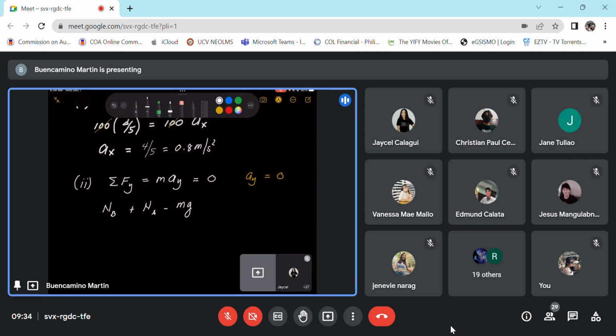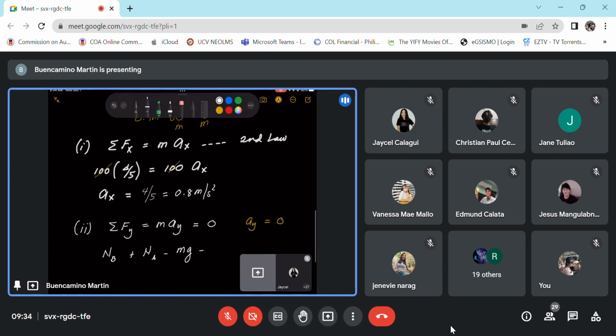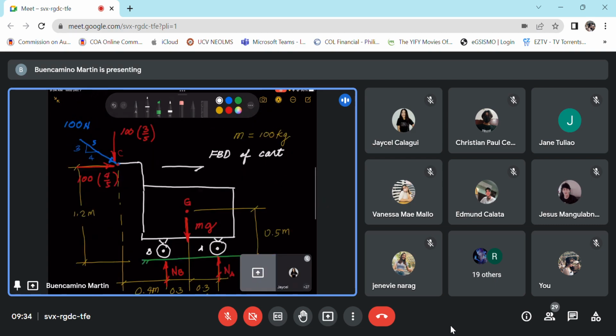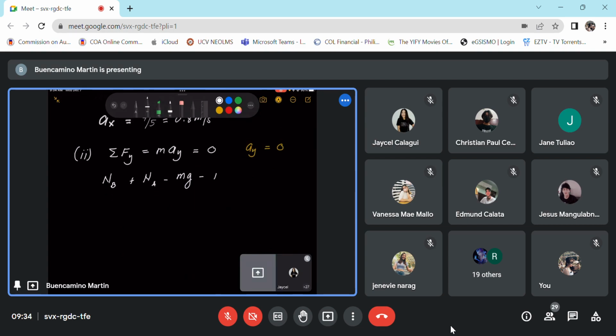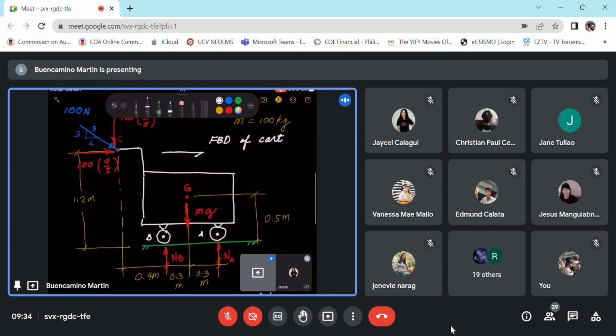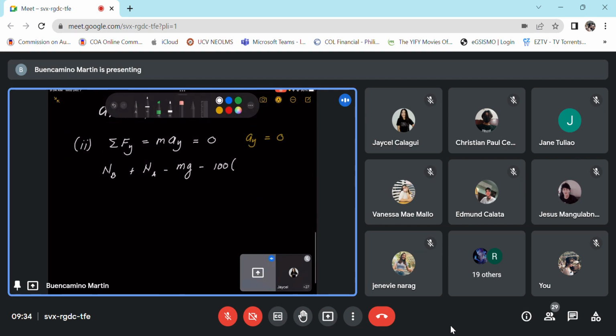And then minus yung component ng applied force natin, which is 100 times the quantity 3 all over 5, and their sum is 0.